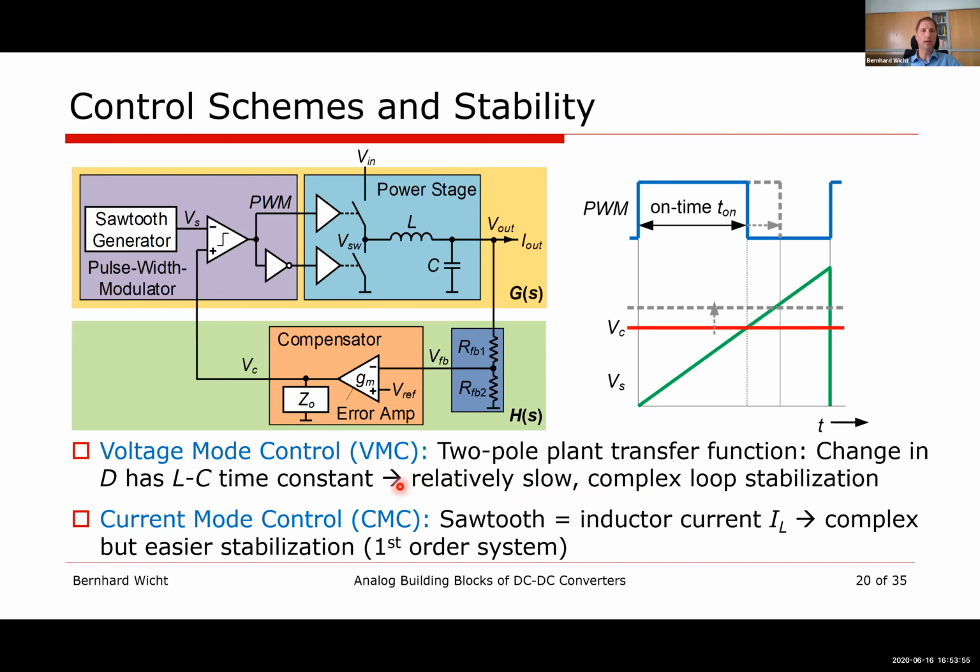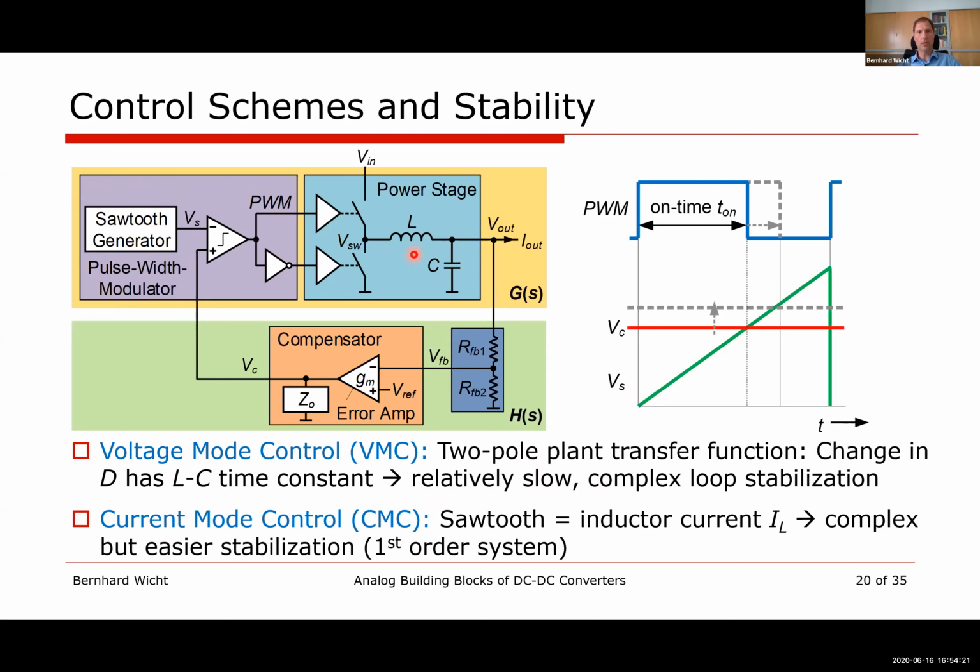That's why, over the last couple of years, more and more attention is paid to current mode control. It has a similar approach. However, the main idea is to replace this ramp, which in the voltage mode control case comes from a sawtooth generator, with the inductor current, which already is a ramp, and it's of course a current signal.